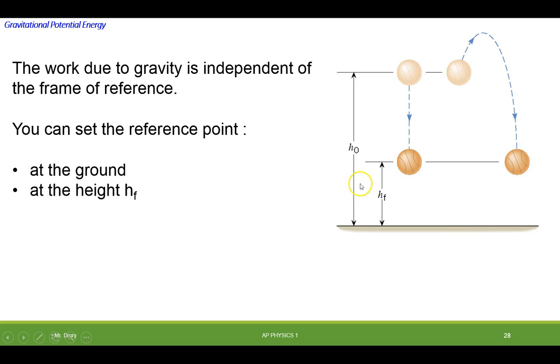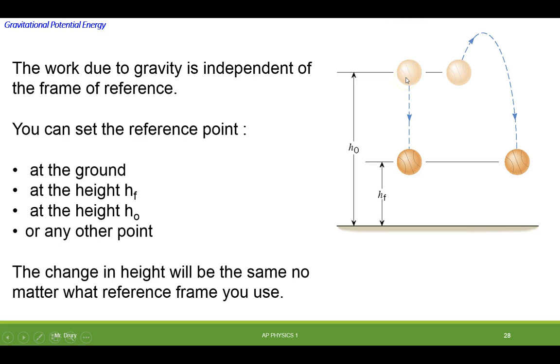You could set the final position as the reference position. You could set the initial position as a reference position, call this 0 and this -2, for example. Or you could pick any point you want. Any way you do it, the distance between this ball here and when it reaches this position here has to be the same. So you can change the reference point to make the problems easier, which you'll see as we do more problems throughout the chapter.